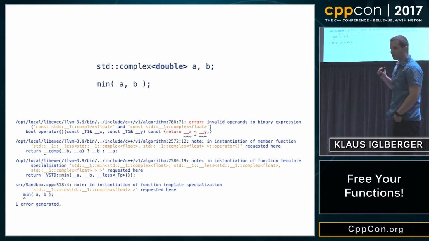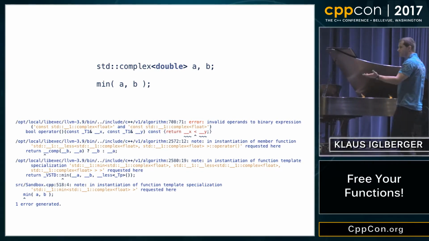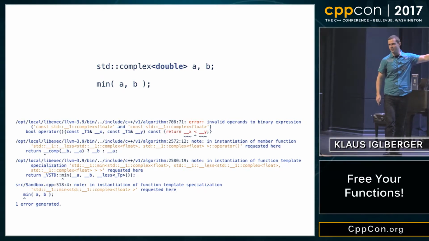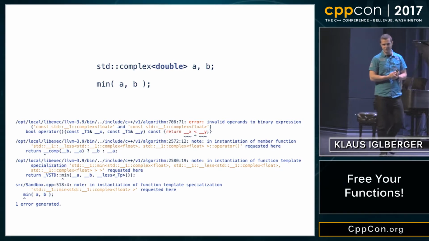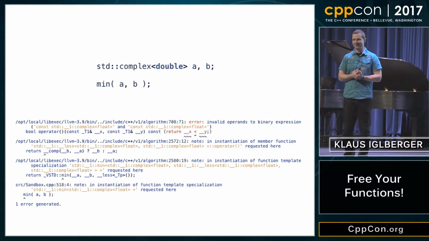If, however, we hopefully eventually get concepts, this could be implemented by: I need a type that adheres to some less than comparable relation. And then this function wouldn't be selected anymore. So this is a weakness that we currently have in the language. But there is hope that this improves. And then, okay, free functions get just better.